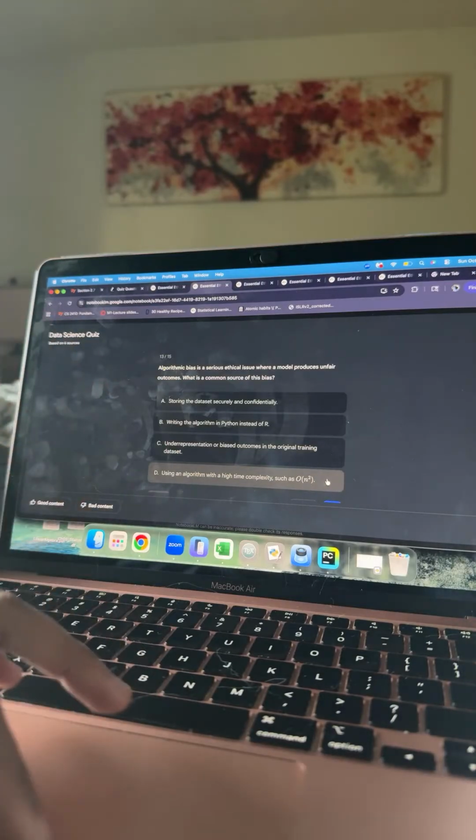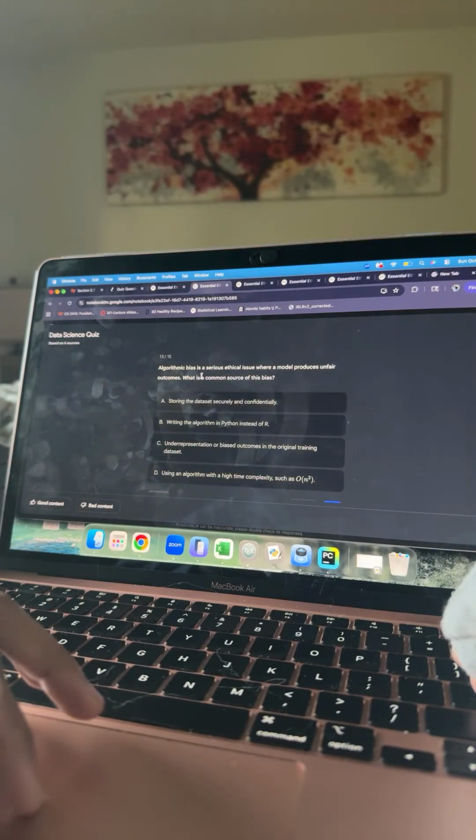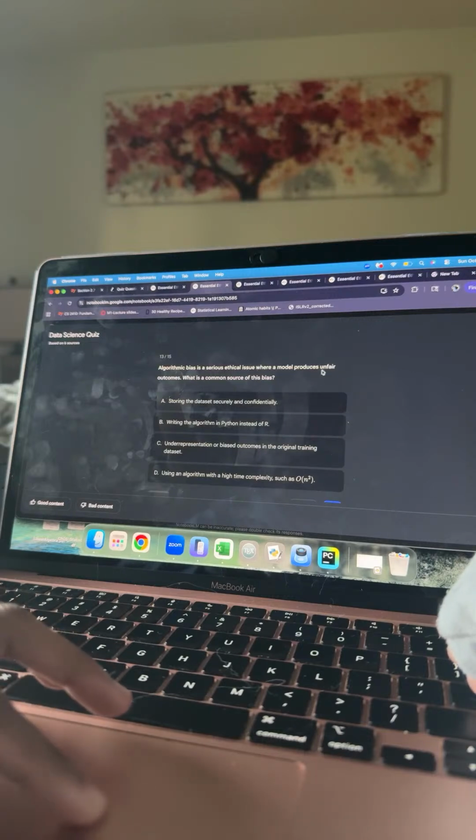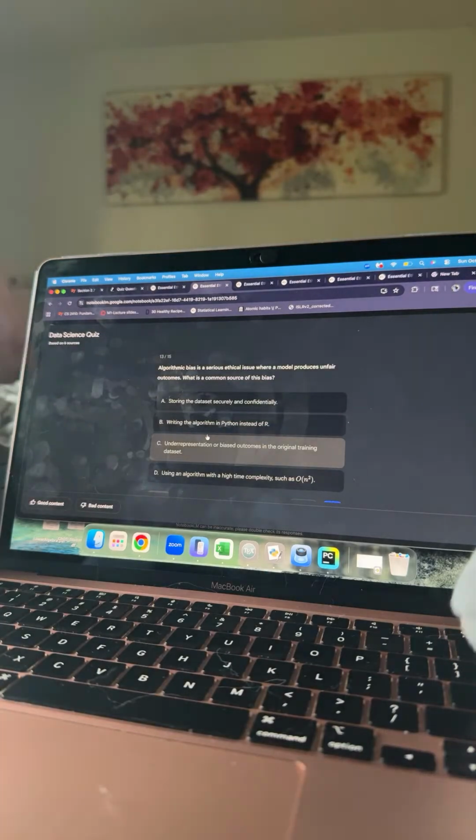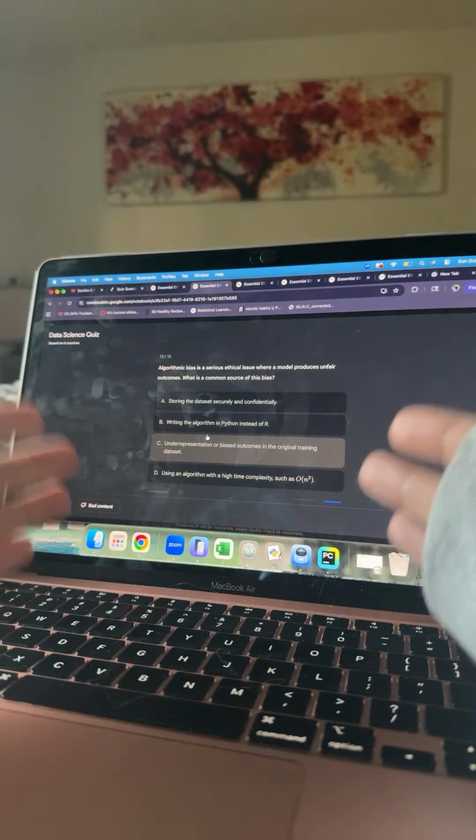Algorithmic bias is a serious ethical issue where a model produces unfair outcomes. So, what is a common source of this bias? I think, from what we went over in class, is that you train the computer using a certain demographic of people.